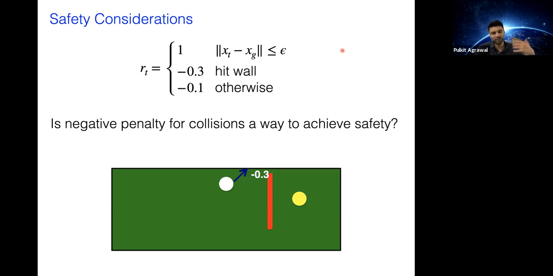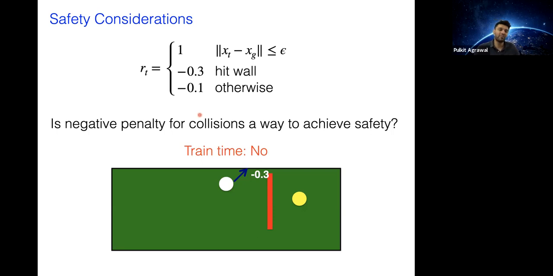Do I mean safety at training time, or safety at testing time? If we say safety during training, then a negative penalty for collisions is not a good thing, because I need to first hit the wall, or do the unsafe action, to actually get the negative penalty for it. So at training time, by putting negative penalties, we cannot resolve the safety problem.